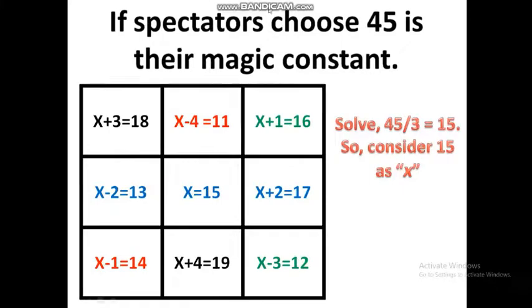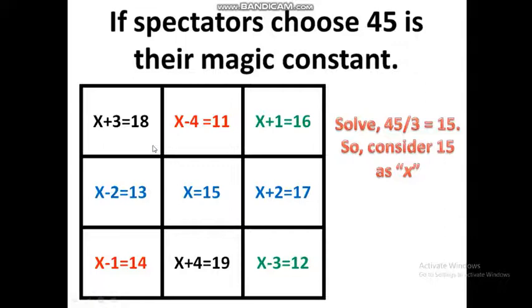Okay, if spectators choose 45 as their magic constant, divide 45 by 3, which is equal to 15. So consider 15 as x. Here we fill 15 in place of x, and there x minus 4 is 11, then x plus 4 is 19.